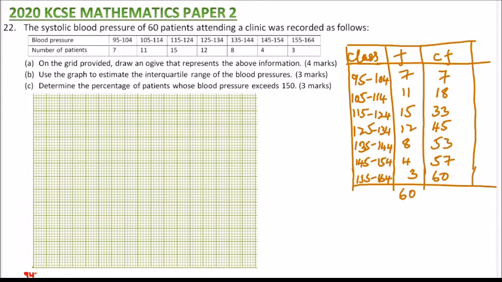Then the lower class boundary of the second is 104.5. Then the next one is 114.5.